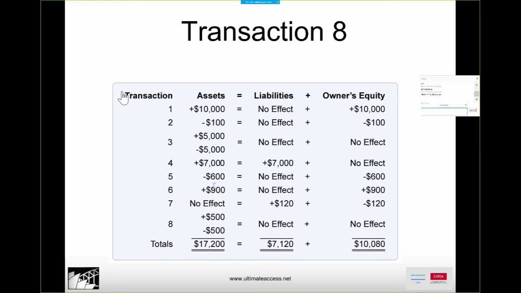Anyone? Where would the credit transaction go? For a sale of an item, where would the credit transaction go? You should know this.